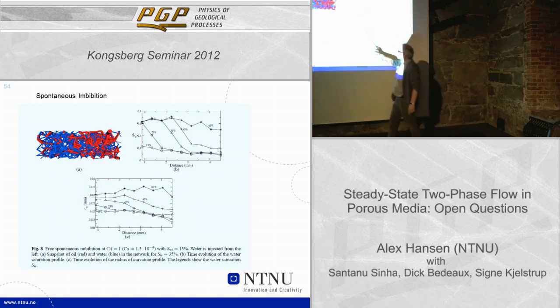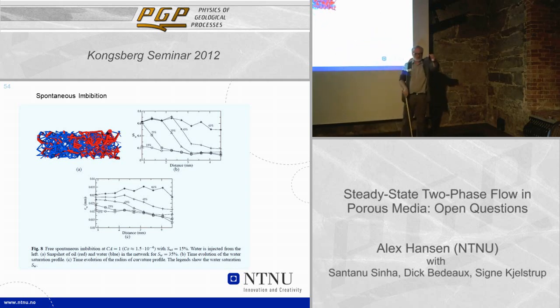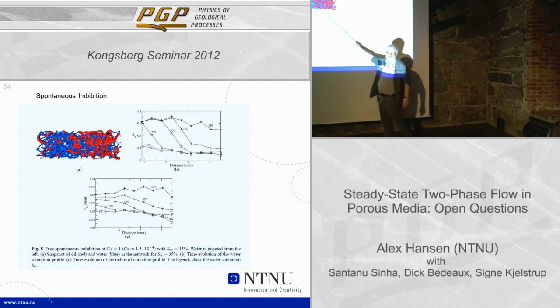here's our network. Red is links filled with wetting liquid, or non-wetting liquid. Here's the wetting liquid. And basically the experiment here is to stick this into a beaker of wetting liquid and see how it races.